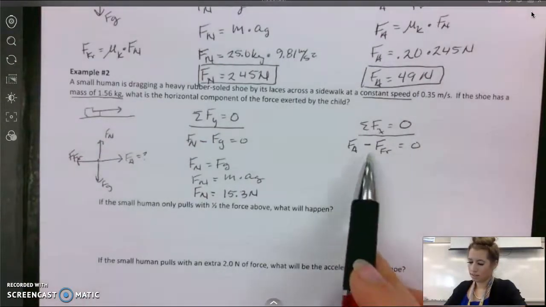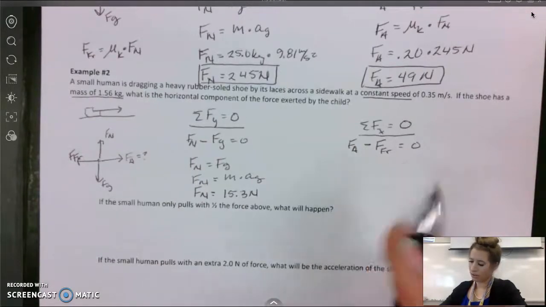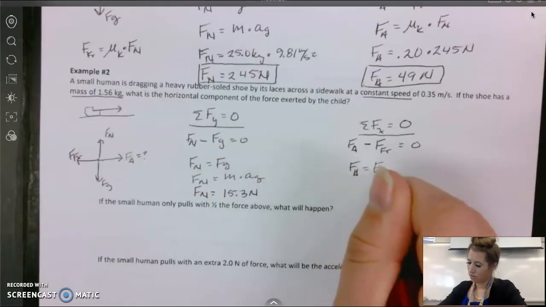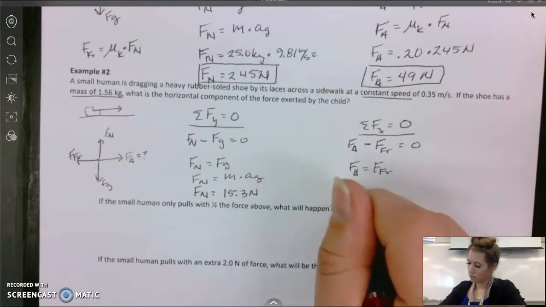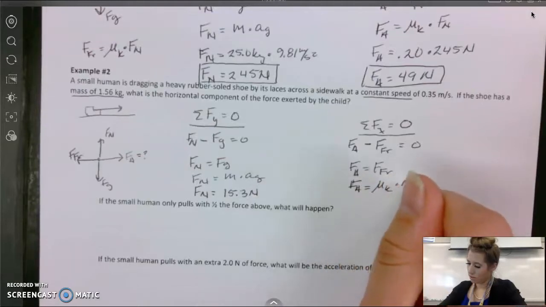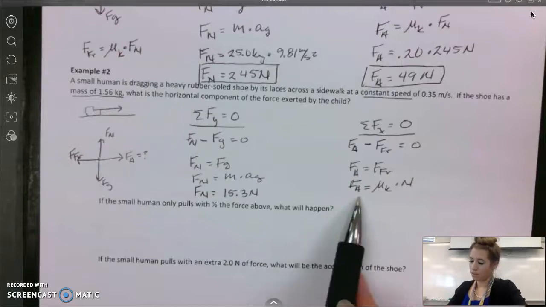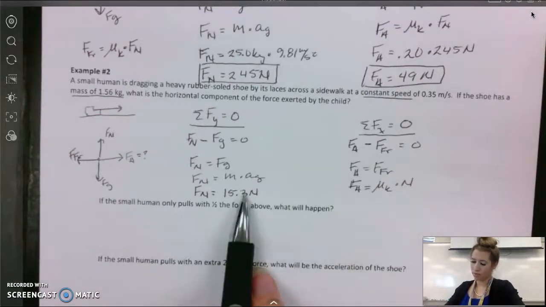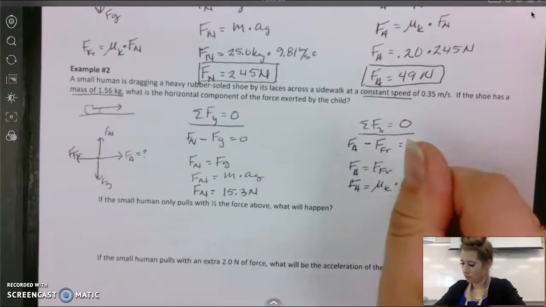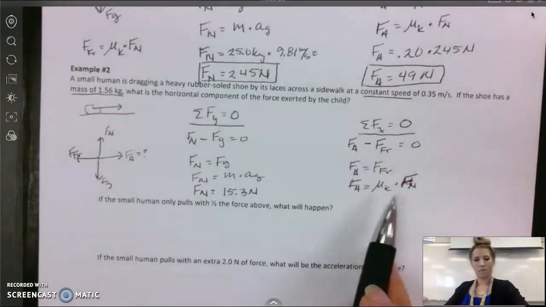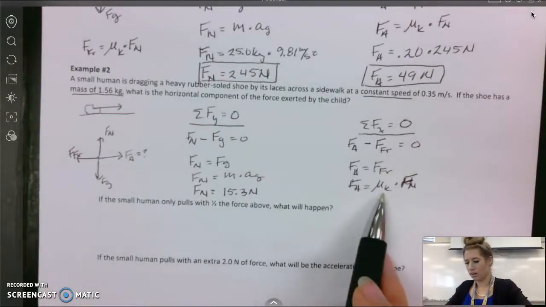Really similar to last time, we add the force of friction to the other side. So the force applied is mu k times the normal force. We know that normal force, but what is the coefficient of kinetic friction?